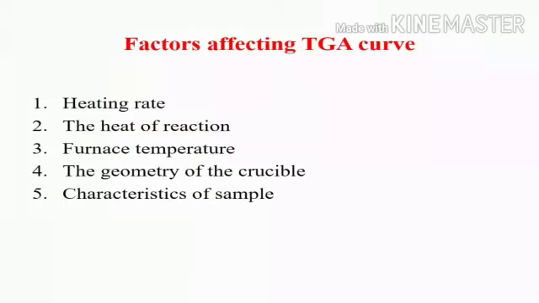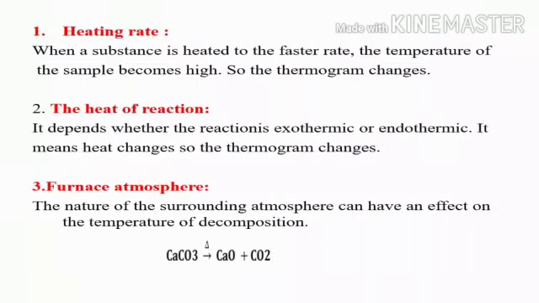Some factors affect the TGA curve or thermogram. There are heating rate, the heat of the reaction, furnace atmosphere, the geometry of the crucible, and the characteristics of the sample. First is the heating rate. When a substance is heated at a faster rate, the temperature of the sample becomes high.